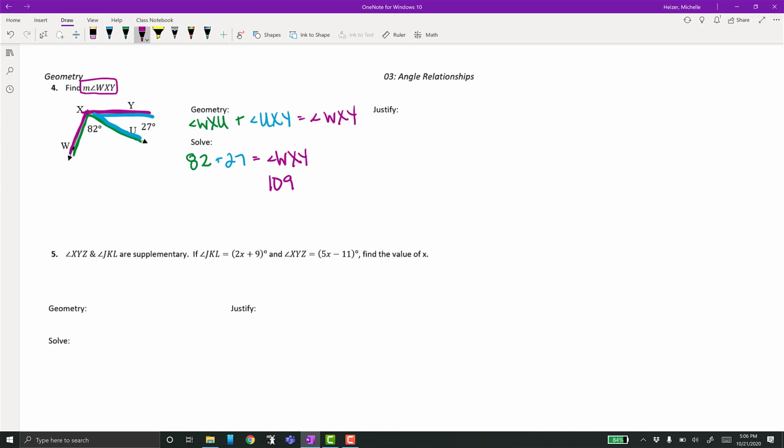And our justification for this is going to be angle addition. Because we're taking two angles and we're adding them up to equal a bigger one. Just like with segment addition, where I had a small segment plus a small segment gave me the whole long segment, we're doing the same thing just with angles now.